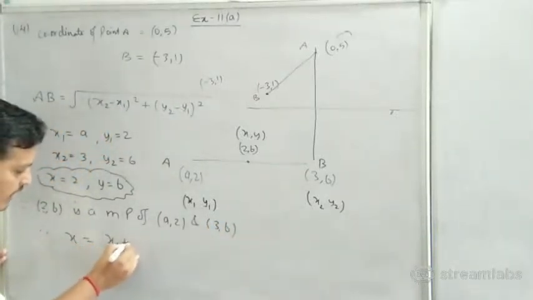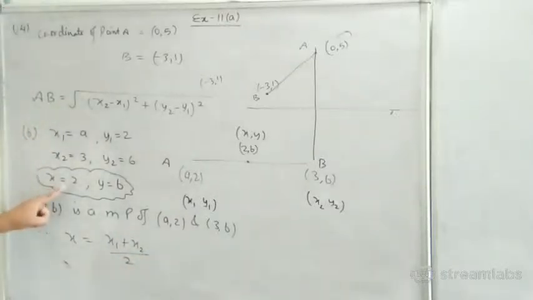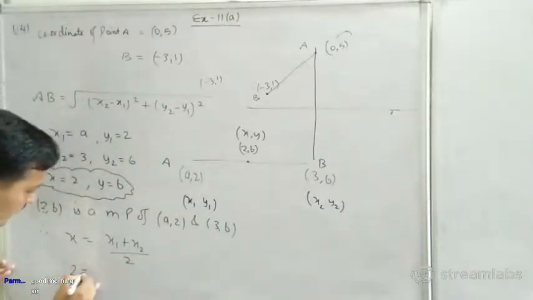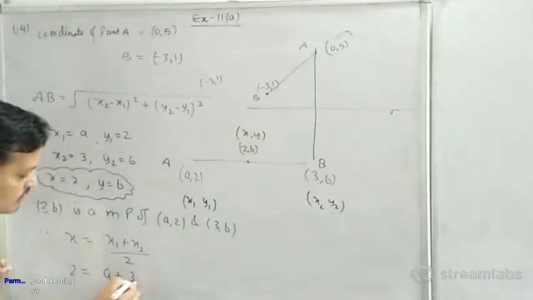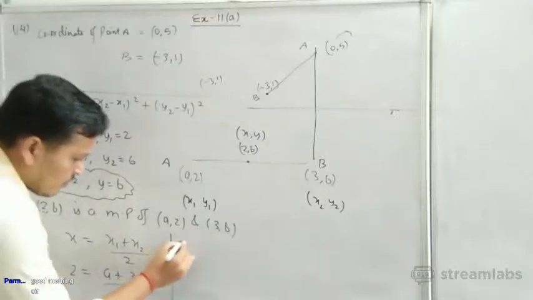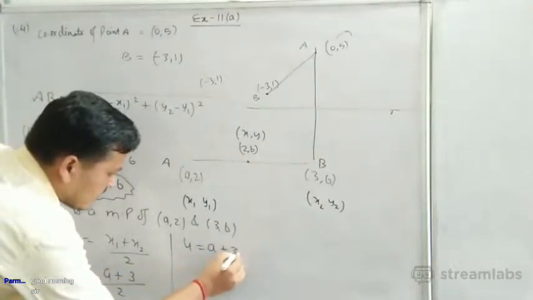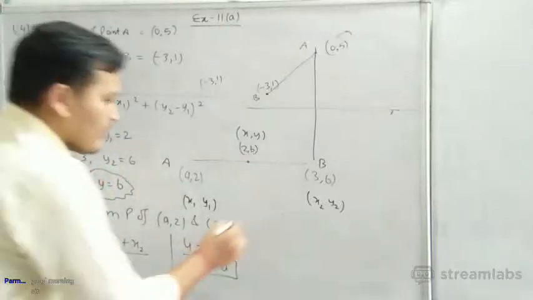X is equal to x1 plus x2 divided by 2. So tell me what is the value of x here? X is equal to 2, x1 is equal to A, x2 is equal to 3, upon 2. So 2 times 2 is 4, 4 is equal to A plus 3. So A is equal to 4 minus 3, which is 1. The value of A is equal to 1.